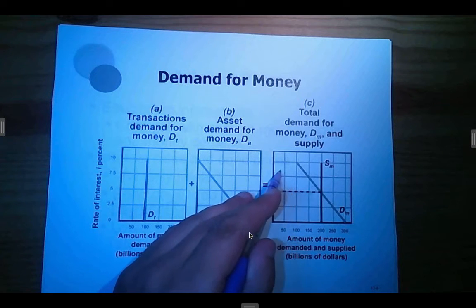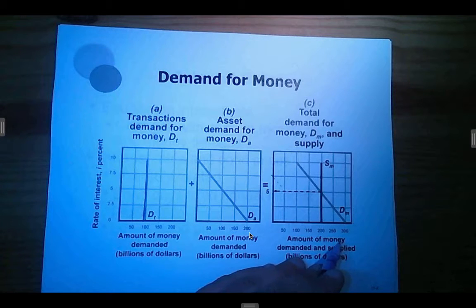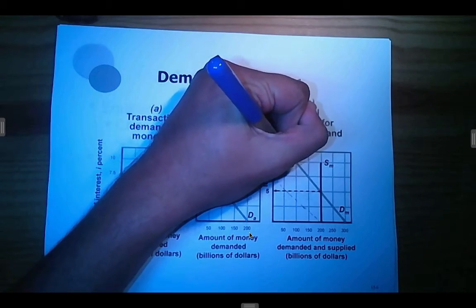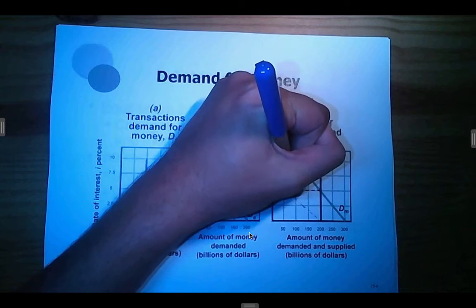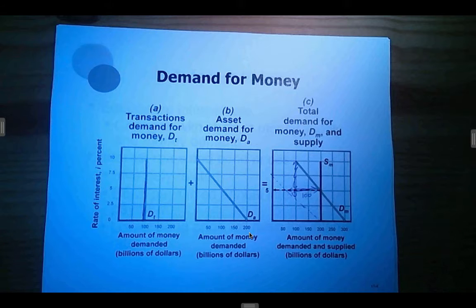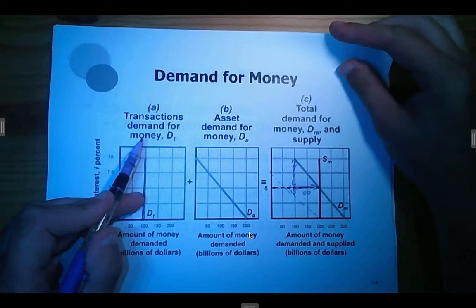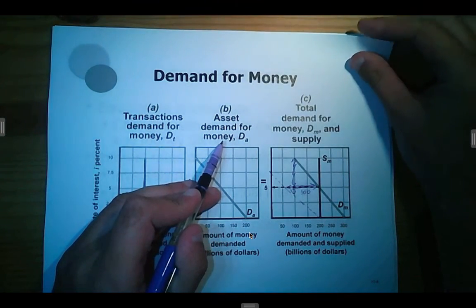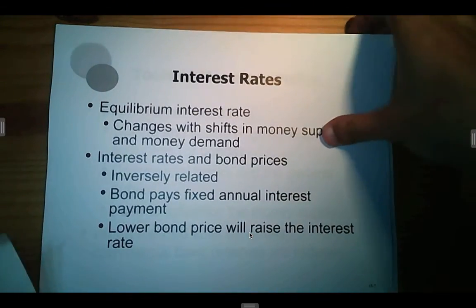So basically all we did here was shift this, I'm sorry, not vertically, horizontally, by 100. The size of the economy requires more money to exist. Interest rates determine how much money people hold. And this is adding them up together.